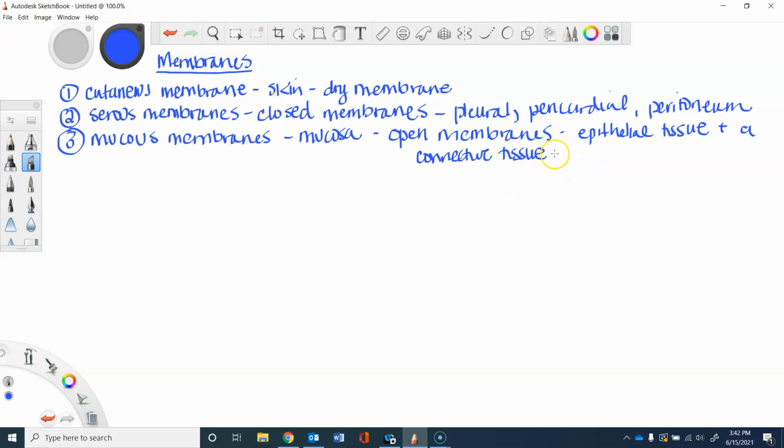And again, they line a tube of the body that is open to the environment. So the stuff that's in this type of tube or membrane is not really in the body. Okay. So if we look at, let's make a little picture here.